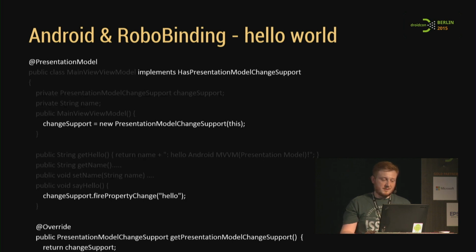What is really important here, we need to create a PresentationModelChangeSupport class and override the getPresentationModelChangeSupport method in order to return this object. And then if we change a value in our view model or in our view, we need to execute the method firePropertyChange with the name of the property which was changed. And if we do everything correctly, our view should be updated.